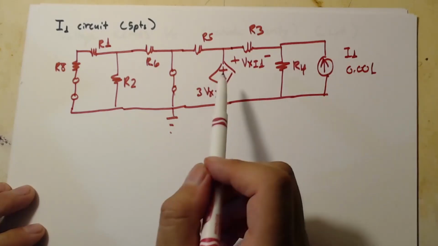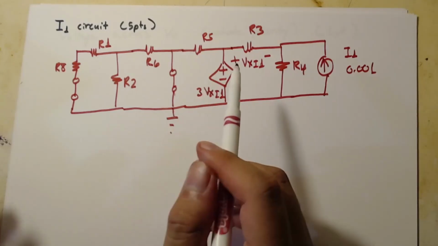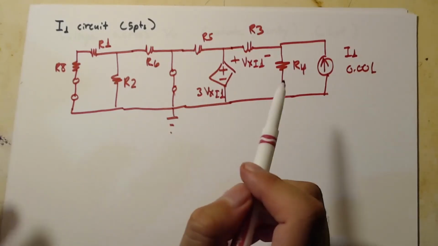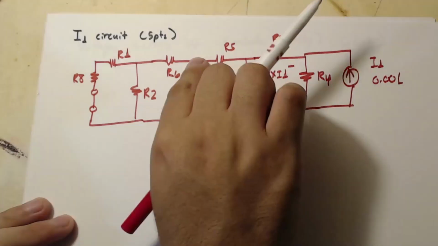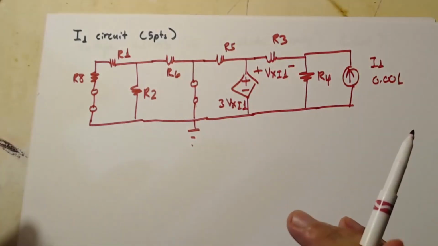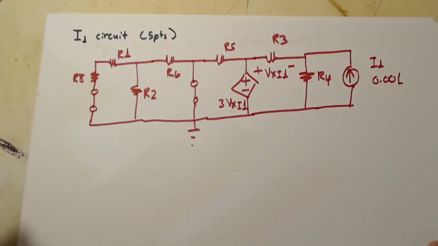And that's all we're doing. The dependent source is like a control that manipulates how we're going to do the algebra to get what we would need. So now we have a ground here. Effectively, that means this part of the circuit right here is just ignored. We don't really care about it.